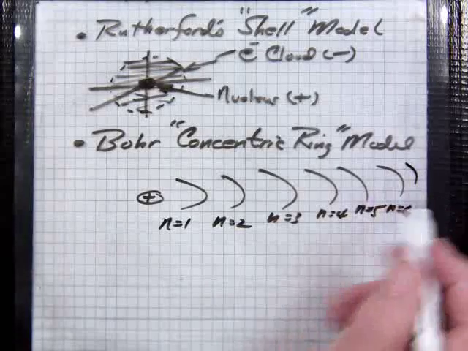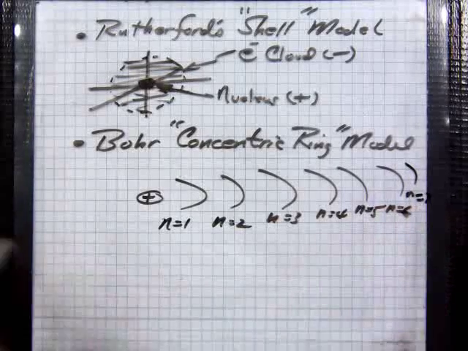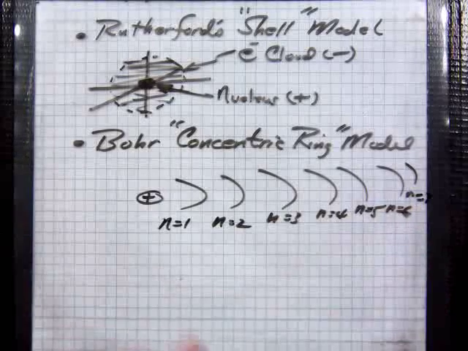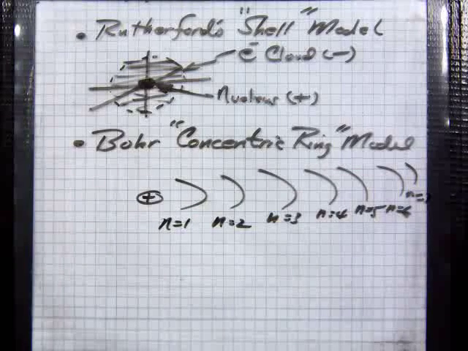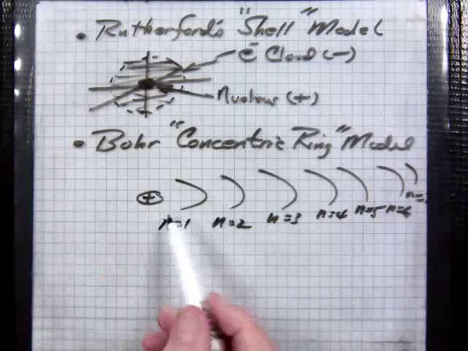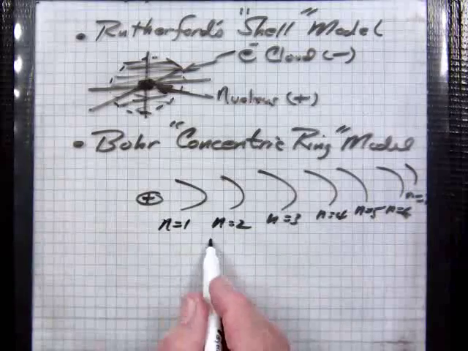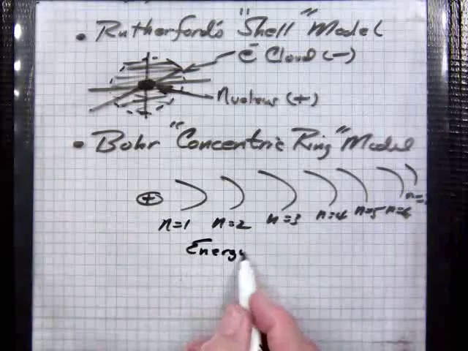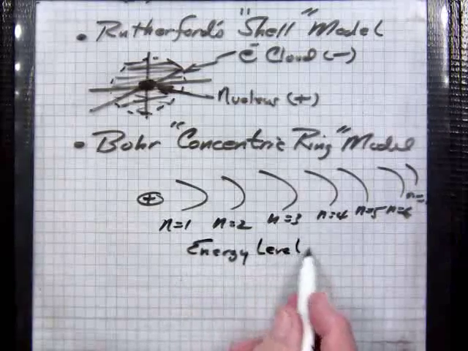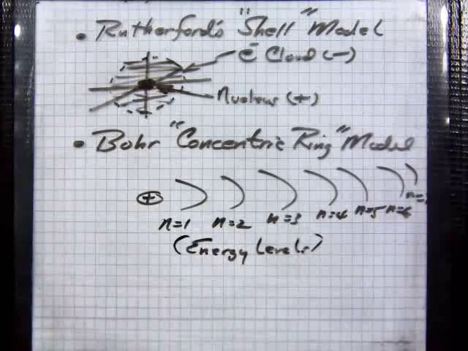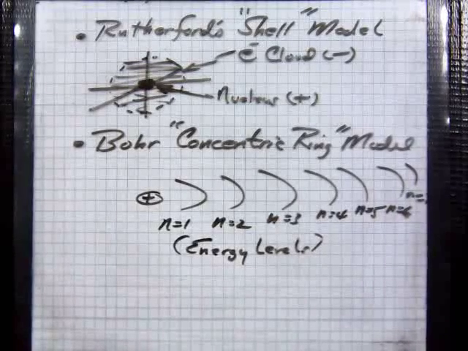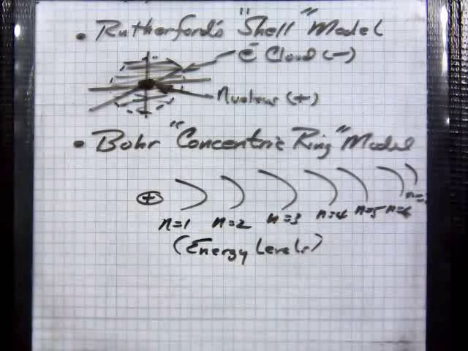I'm going to put one more, n equals 7. The reason we have 7 rings is that the largest element on the periodic chart has 7 rings. Now, we'll explain that shortly and why it has certain things. But this is the concentric ring model, and within the orbitals or energy levels, each energy level had a certain number of electrons, and it was limited to that maximum number of electrons.